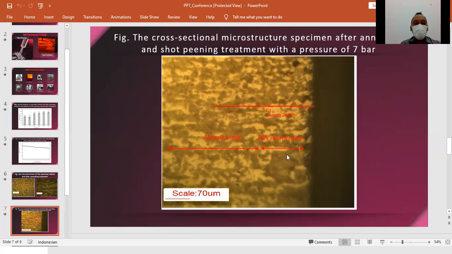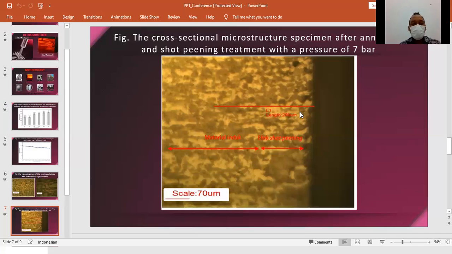The longer the impact of the shot peening steel balls, the deeper it gets, and the residual stress acting from the surface to the subsurface will be lower as the distance from the surface is greater.